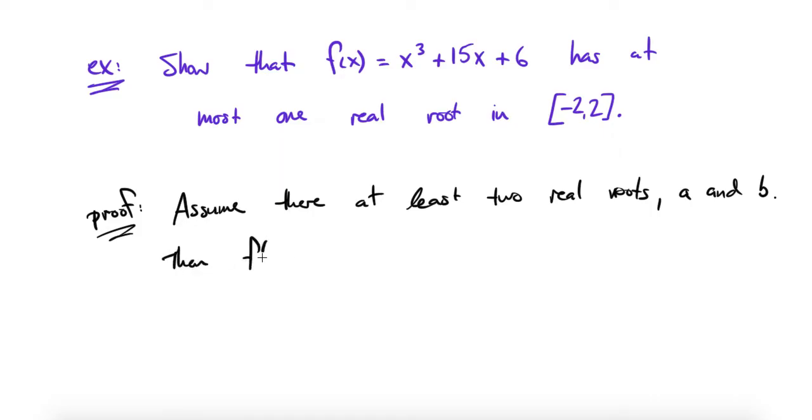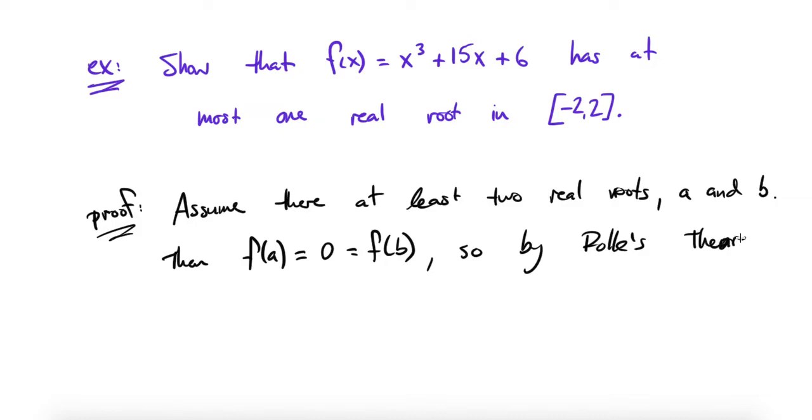Well, so what is a root of a function? That means that f of a is equal to 0 and f of b is equal to 0, right? So by Rolle's theorem, what are we going to know by Rolle's theorem? You might want to pause and ask yourself.